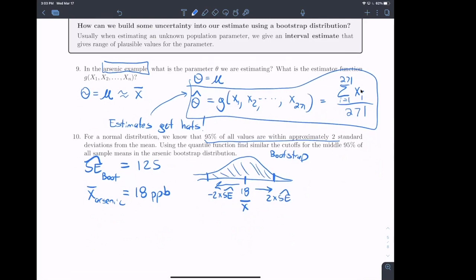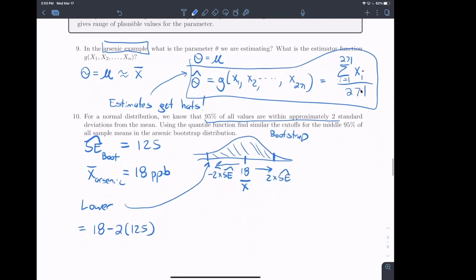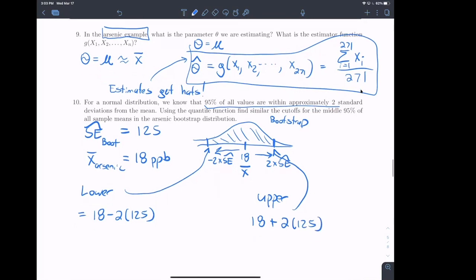So in this way, I could say I have a lower cutoff, which is going to correspond to this value, which is going to be the 18 minus the 2 times 125. And then I have an upper cutoff over here, which is going to be that middle 18, and then I'm going to go 2 times the standard error above. So that would give me 250 plus 18, and that would give me 250 minus 18.